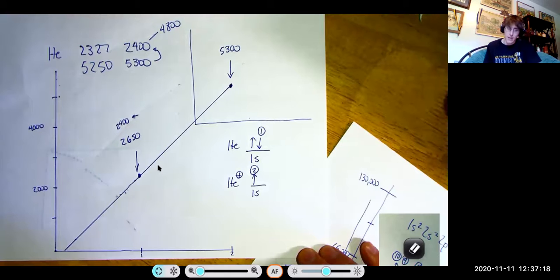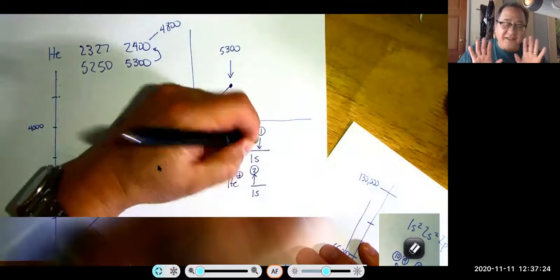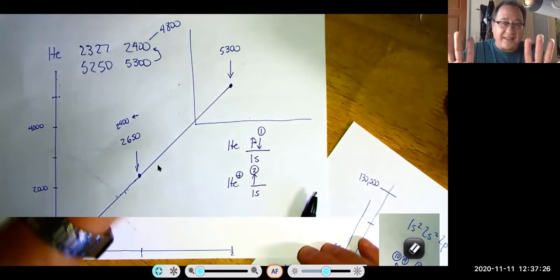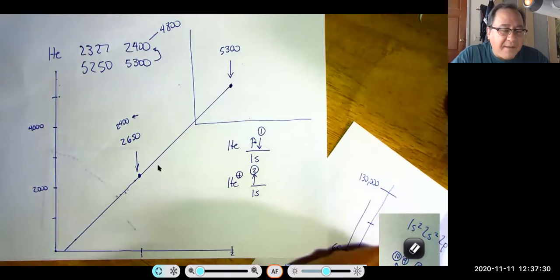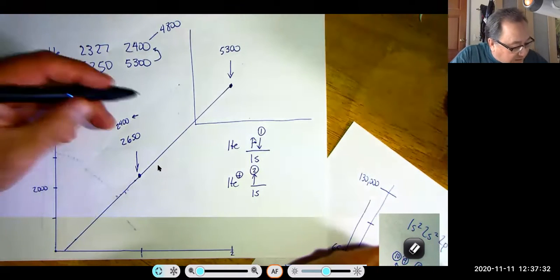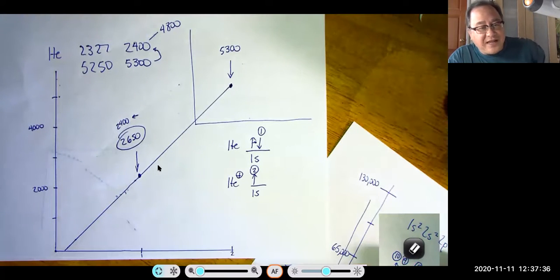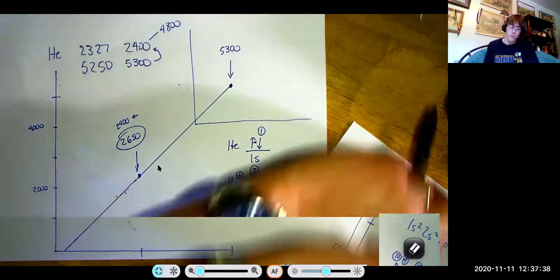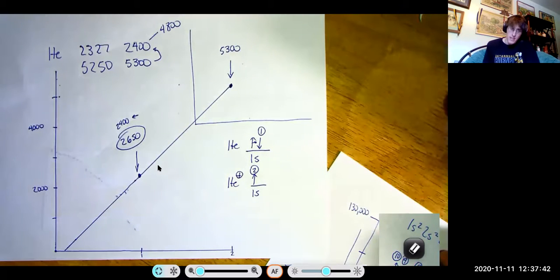Does it have anything to do with the neutral one being paired? Right. This guy is giving the electron the shove, saying, hey, get out of the orbital. So if that's happening, how much energy will it take? Will it take all 2650? And the answer is no, it takes a little less. Does that make sense? It's taking a little less because it's paired? Yeah.